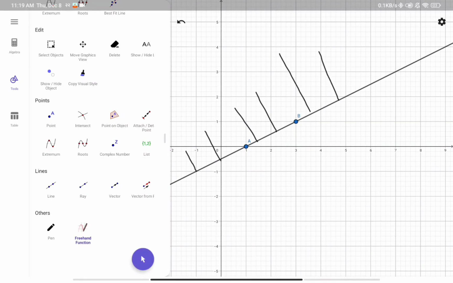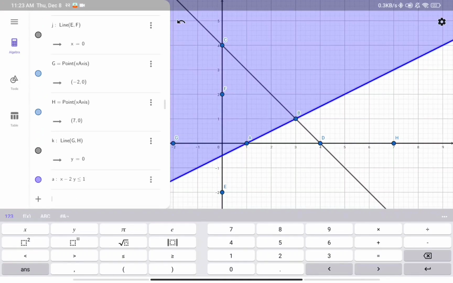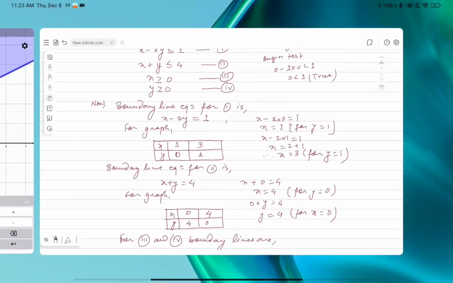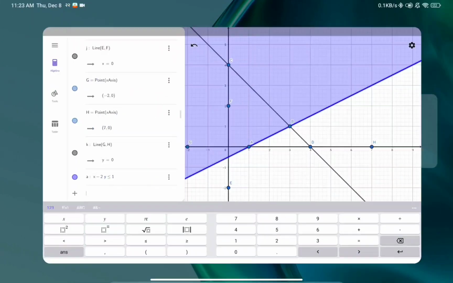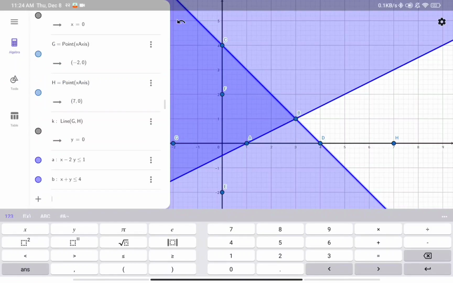After plotting all the boundary lines, let's shade the regions according to each inequality. For the first inequality we shade towards the origin, as shown on the screen. For the second inequality, x plus y is less than or equal to 4, in this case also we shade towards the origin.